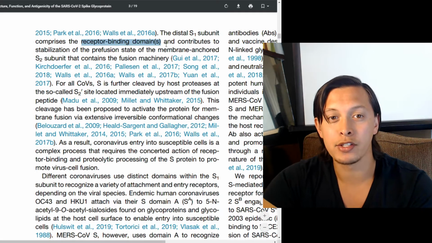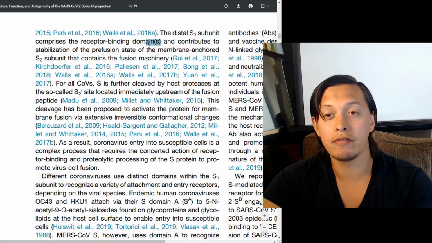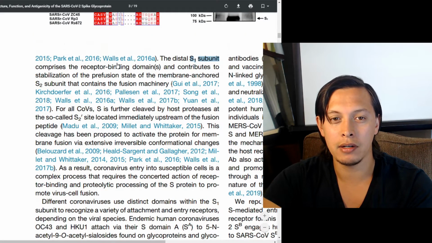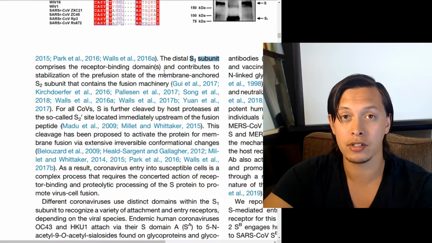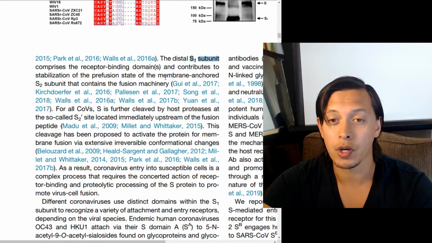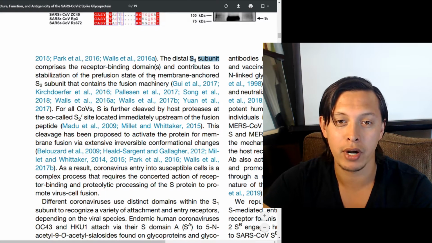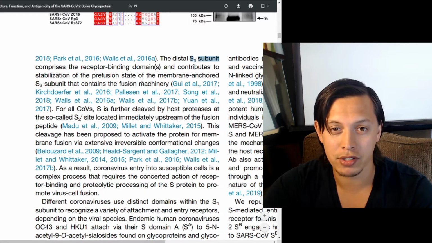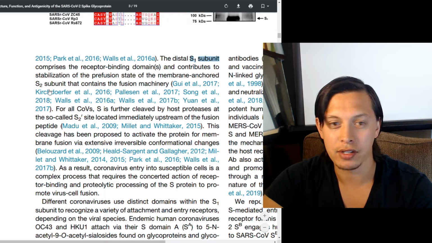And this receptor binding domain is the part of the S1 subunit that allows the virus to stick to the receptor. And in this case, the receptor is the ACE2 receptor. So continuing, and contributes to stabilization of the pre-fusion state of the membrane-anchored S2 subunit that contains the fusion machinery. So the S1 stabilizes the S2. That's all I can say.